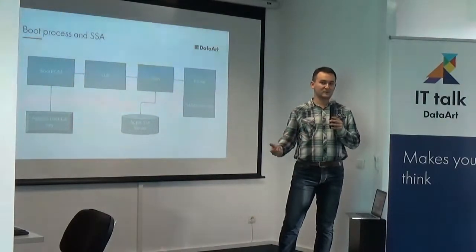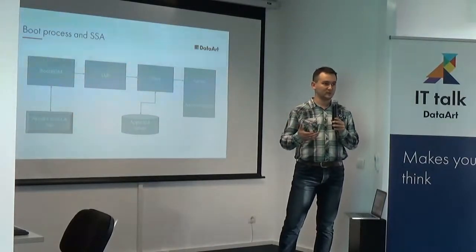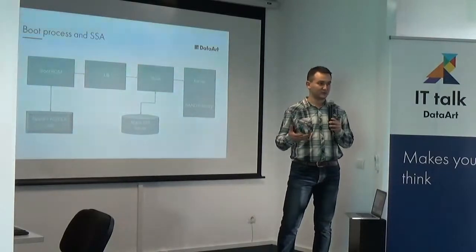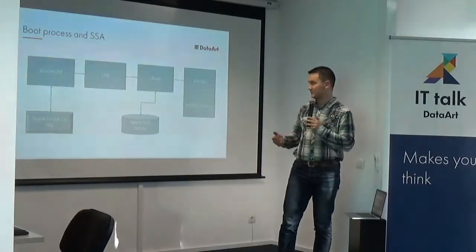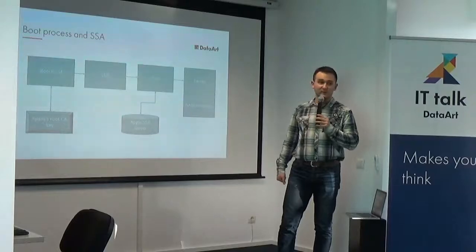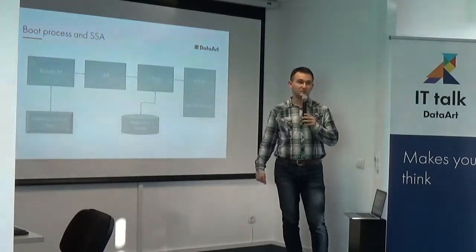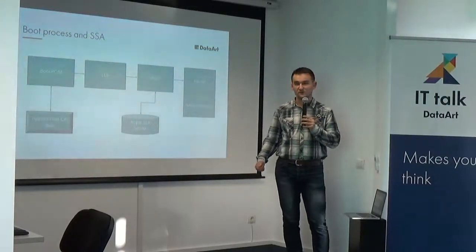Then the system receives the signature of the updates and stores them locally. If one of these updates is compromised, let's say jailbroken, then the system would go to DFU mode, and we will see the connect to iTunes message on the screen. And once the iBoot stage is completed, the kernel is loaded and we have access to the NAND memory, so to the hard disk of the iPhone.